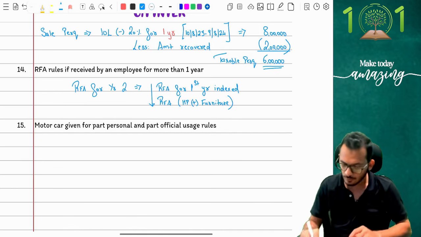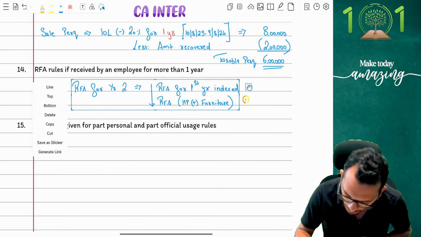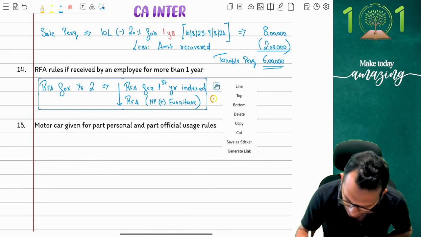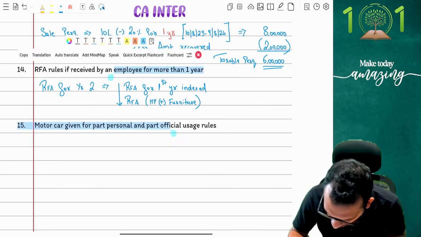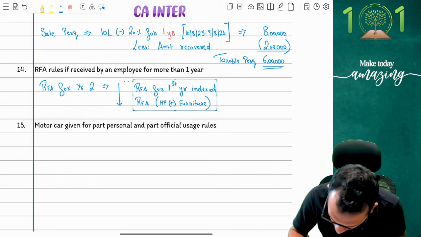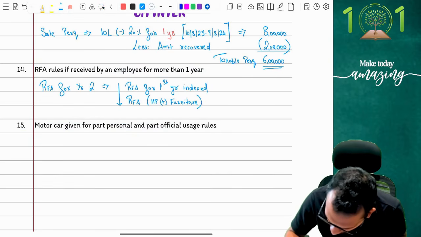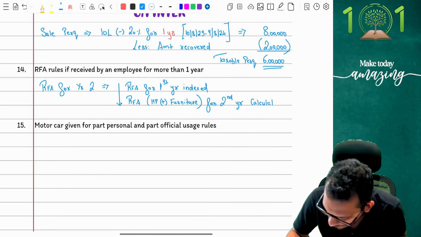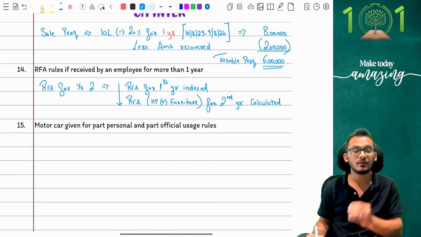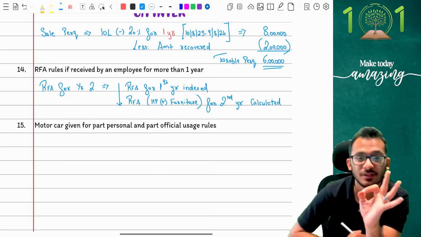Yes, this is how the rules are, people. If you're going to have RFA for more than 1 year, you have to take RFA for the first year, indexed, and then RFA for the current year, calculated. Let me put it as RFA for second year calculated, whichever is lower, and that's the computation you have to keep in mind.